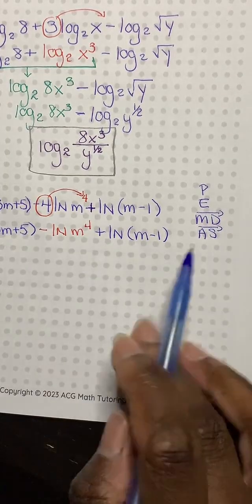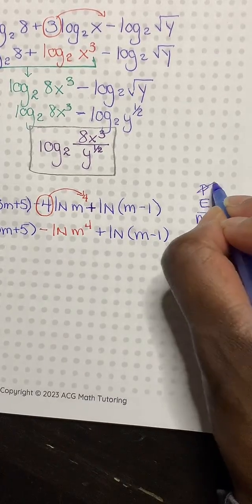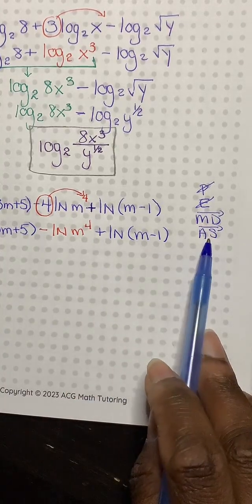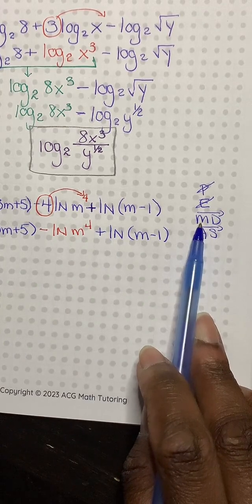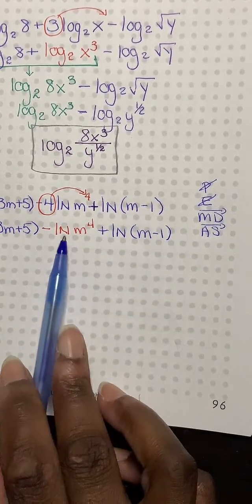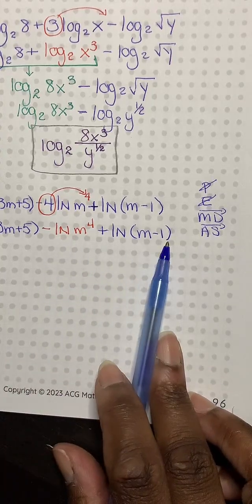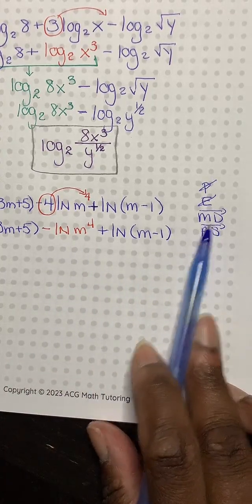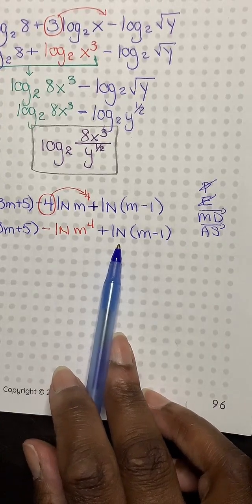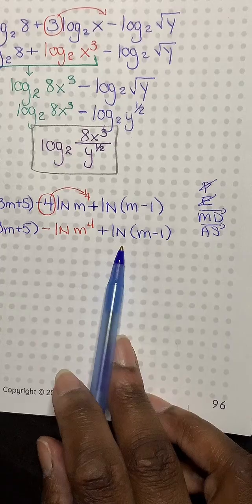There's nothing to combine inside the parentheses. We already took care of our exponent. So now we always do multiplication before division. I know it says from left to right, but do the multiplication before the division when it comes to logs. It will make your life so much easier.